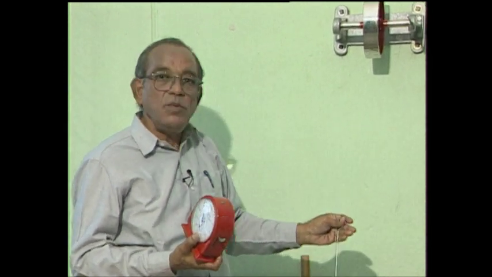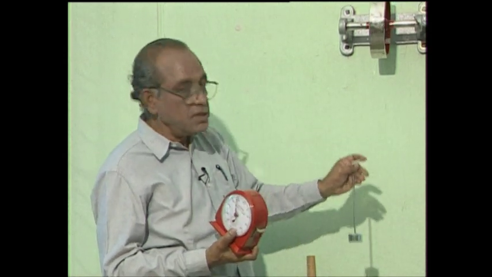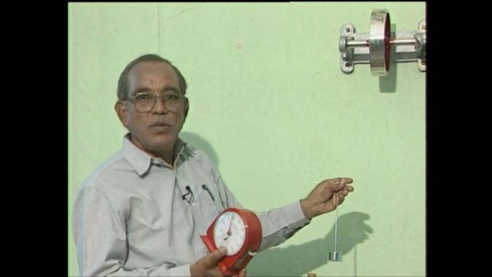Again we are going to adjust the height to 10 centimeters less from the ground, or 10 centimeters more. That is, we will see that the height is more than the previous height. The previous height was about 55.